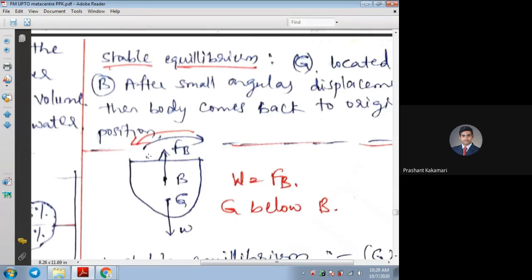The loading and unloading of ships is done from the center, not from the corners of the ship. Because it is floating on the water, you cannot load the ship only on one side, only on the front side, or only on the back side. Otherwise these moments will be very high.